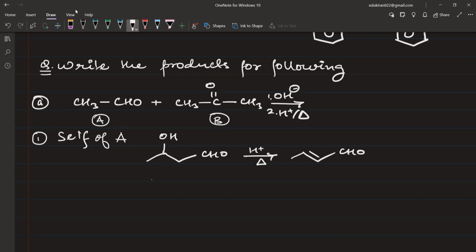Okay. Now, second product that you're going to get is the self-condensation of B molecule. Now, please see, in the self of B molecule, both of these chains are same, right? If you have both of these chains same, then you can take any one alkyl group. आप लीजिएगा क्या 2 कार्बन यहाँ से CH3CH इस तरह से.